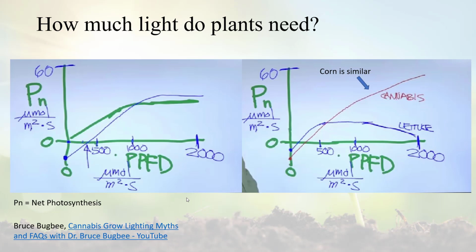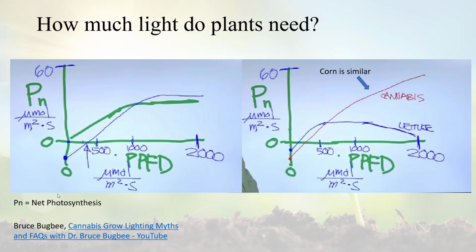So that being said, we have an idea of how to measure light, or at least how to quantify it. Light is important for plants within that photosynthetically active radiation, from 400 to 700 nanometers. Knowing all that, how much light do our plants need?